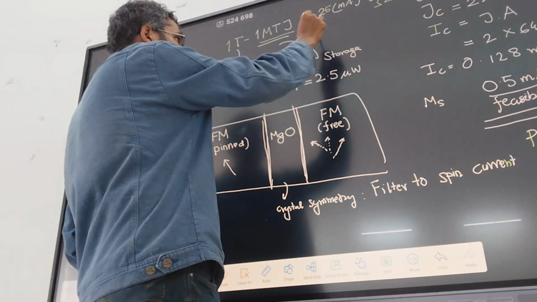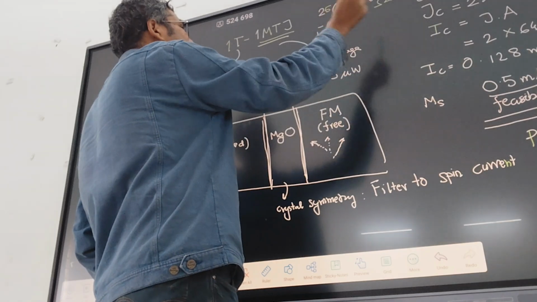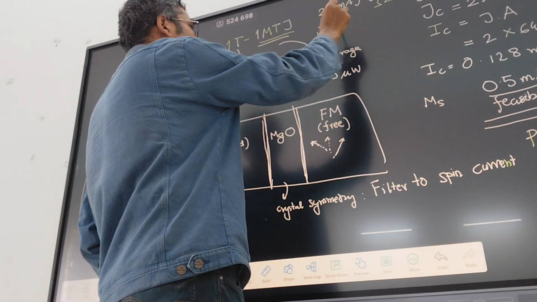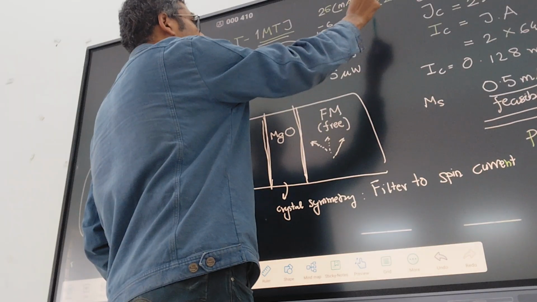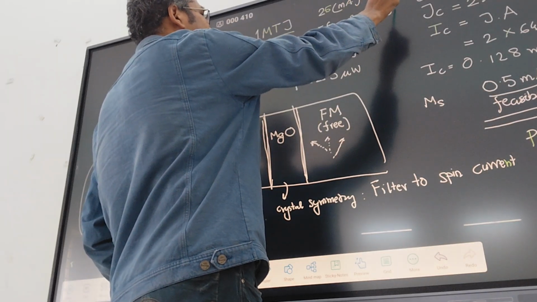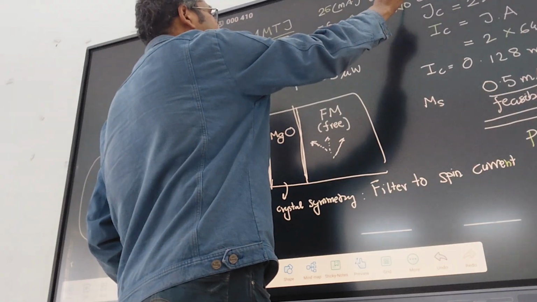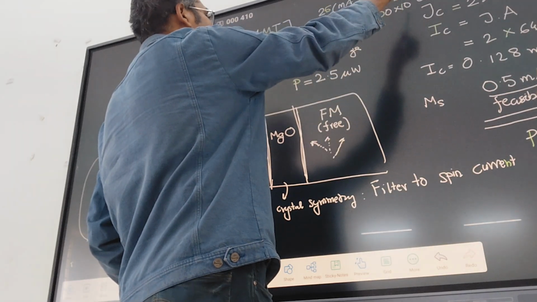Milli means 10 to the power minus 6 here, into 10 to the power 2 here, into 10 to the power minus 9.